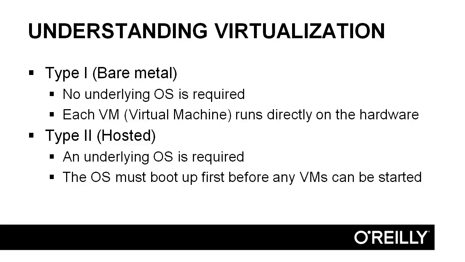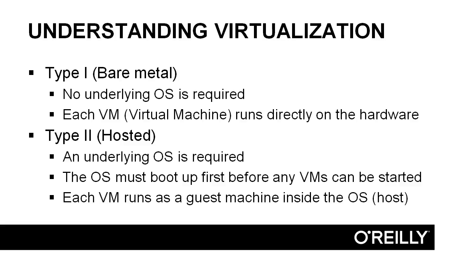All those would be type 2 hosted. Now, the OS must boot up before any virtual machines can be started in this kind of arrangement, and watch the terminology here: in a type 2, each virtual machine runs as a guest machine inside the host, which is the operating system.